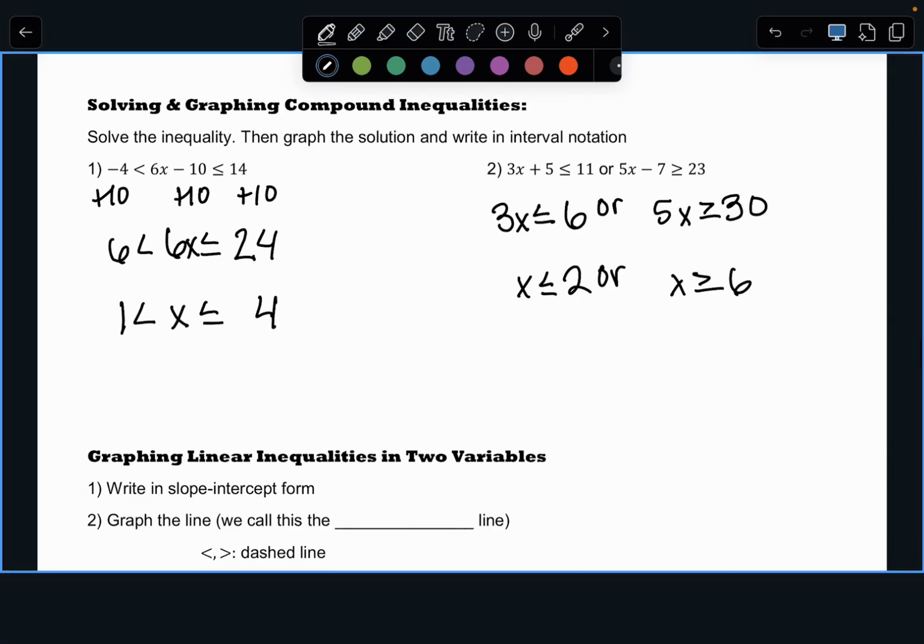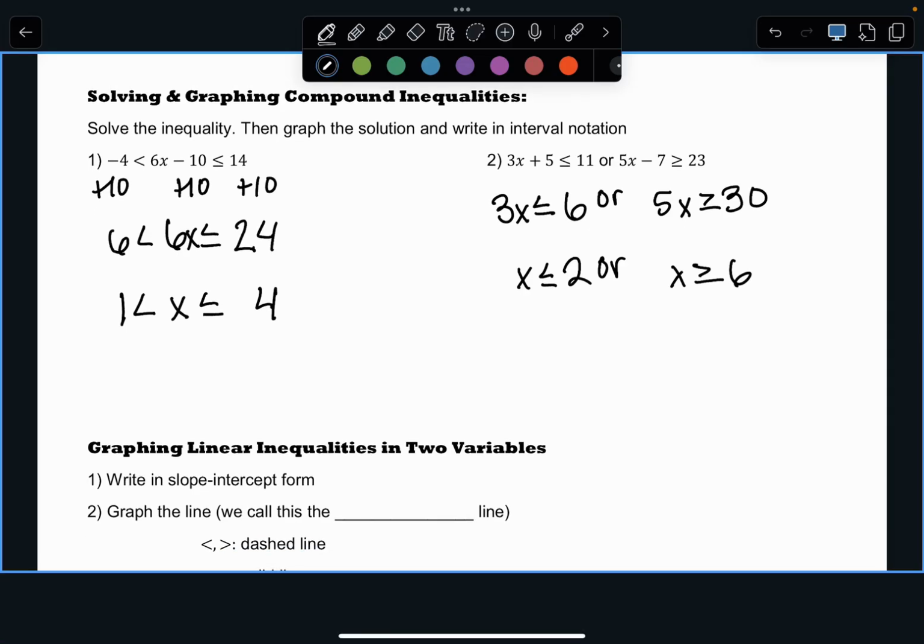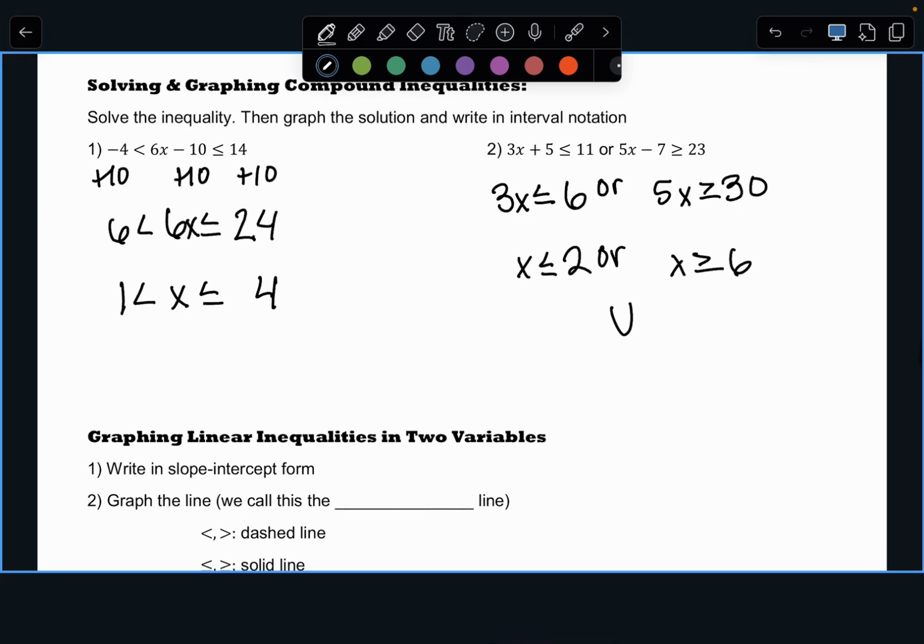Okay. This would be your answer if it asked for inequality notation. Or we could do interval notation. So I'm replacing my or with a union. We use ors for inequalities. We use unions for intervals. And then I write my interval. Less than 2. What's my farthest left point if it's less than 2?